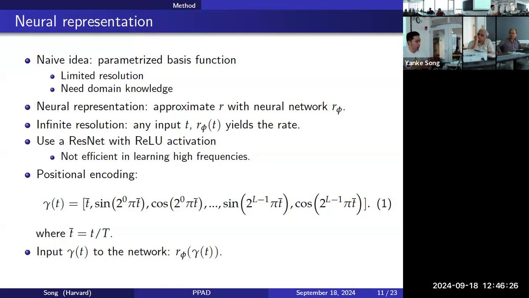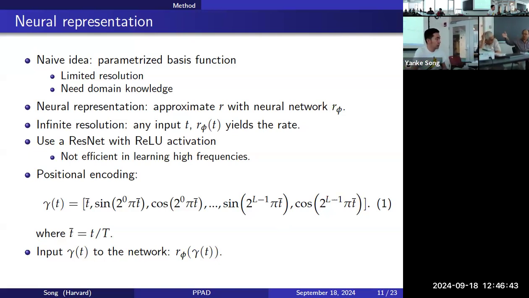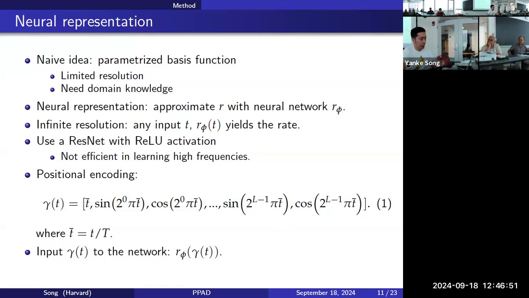Then this sinusoidal encoding is going to be different for different values of t, creating different signals for the neural network to capture. But this seems like distributing one t to a long vector. What is L here? L is a parameter that you can choose. It's the number of frequencies you want to put into the positional encoding.